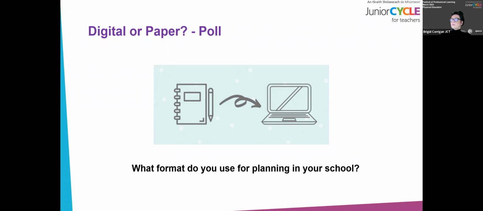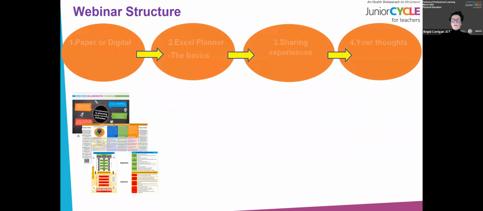Okay, I think we'll just leave the poll running while I move along with the structure of this session. This is the structure of the webinar. We will start with identifying existing paper-based planning resources. Some of these were shared during the recent PE Online CPD Day and are all up on the JCT PE website.